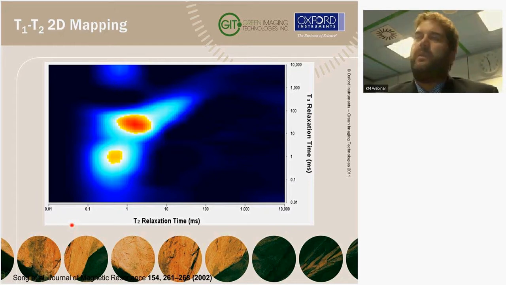T2 is what NMR people call the spin-spin relaxation, but T2 is affected by inhomogeneity of the magnetic field at molecular scale. In other words, things are very close to that hydrogen. T1 is called the spin-lattice relaxation, and its scale is slightly larger than that.